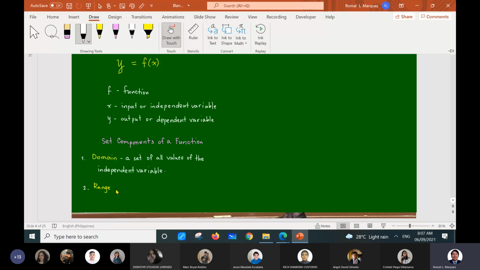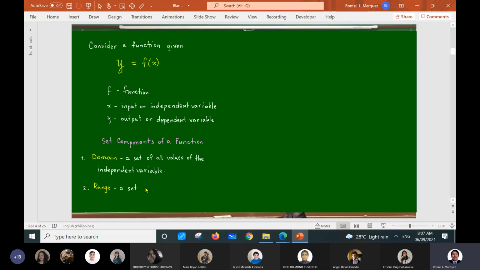Range is a set of all values of the dependent variable. Sorry, I said independent; let me correct that: dependent variable. Okay, guys?